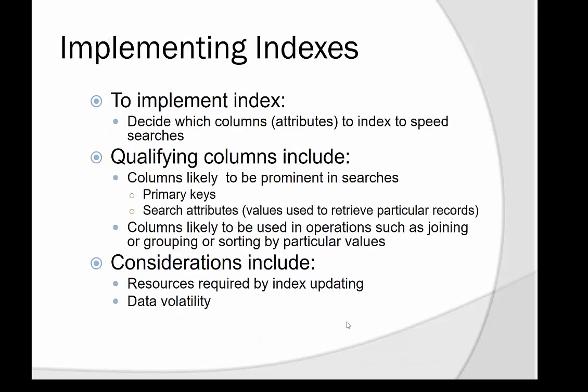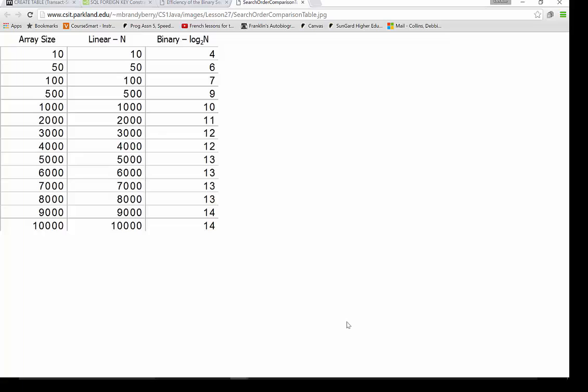Indexes really speed up the amount of time it takes to find records or to sort records. So by identifying fields that you commonly search on when you're trying to find a record, or sort on when you're producing reports, you can really speed up the process. I have here a table.